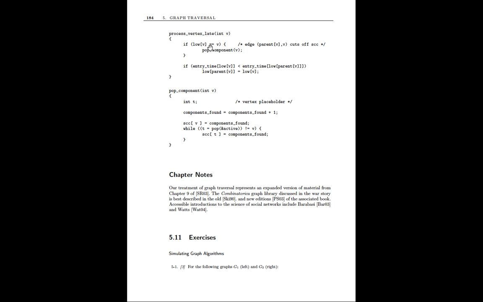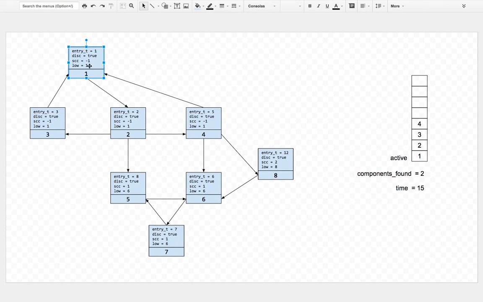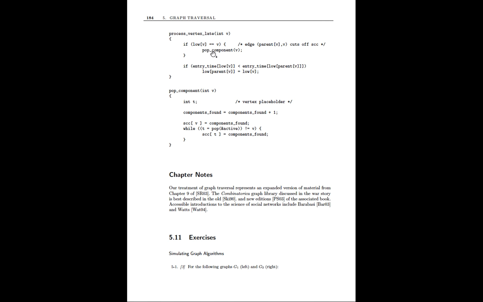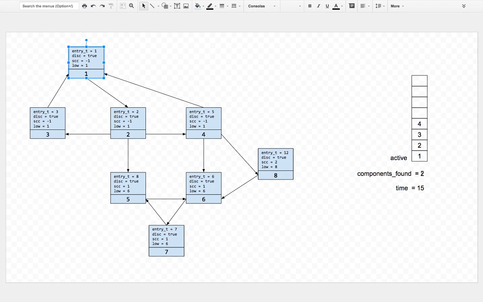We say if low of vertex 1 is equal to vertex 1, and lo and behold, it is 1, 1. So we need to pop the component again. We come down here, components found, we increment components found by 1.